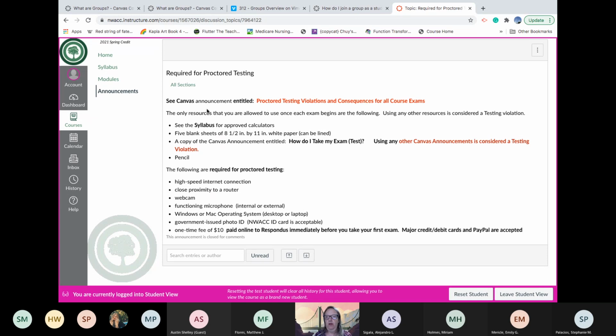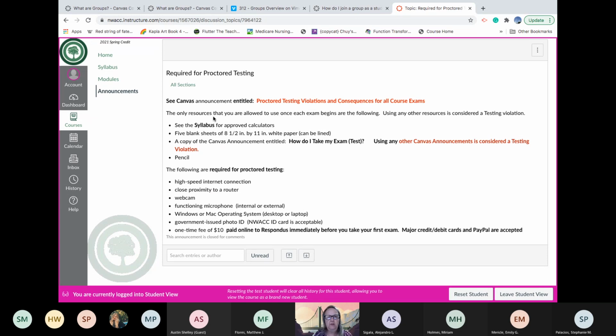I haven't put them all in yet. I'm just putting in a few at a time so as not to overwhelm all of us. So I will put this one in, proctored testing violations and consequences, later, and we'll talk about it probably on Tuesday of next week. So when it says see the Canvas announcement, we'll talk about that on Tuesday of next week.